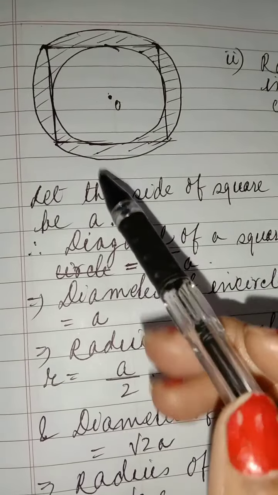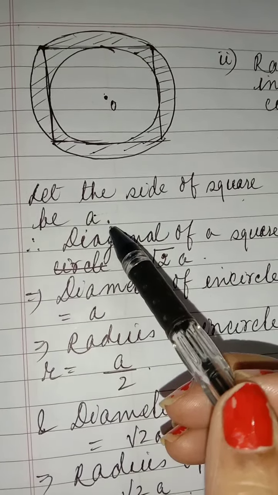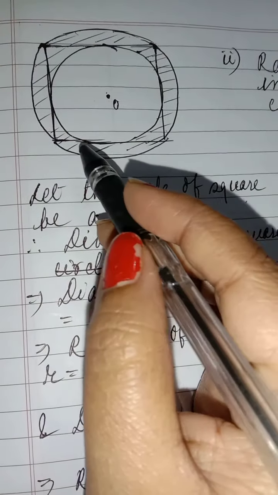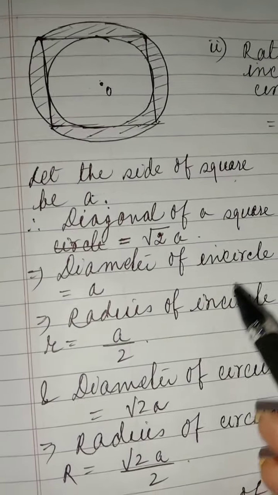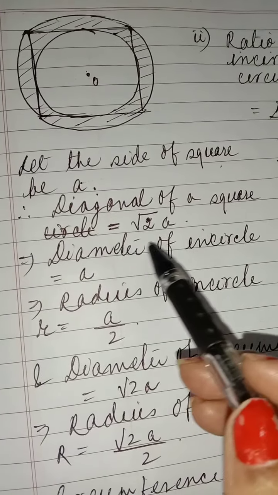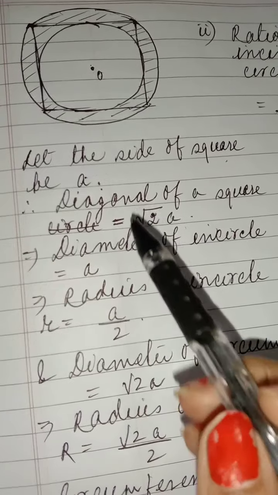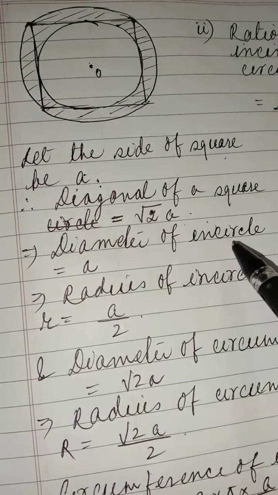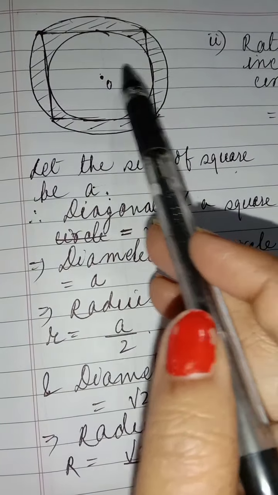So here this is the square. Let the side of the square be a. The square is having the side a. The diagonal of a square, by the formula we should know, is root 2 a. So what is the diameter of the incircle? This is the incircle, and this is its diameter.